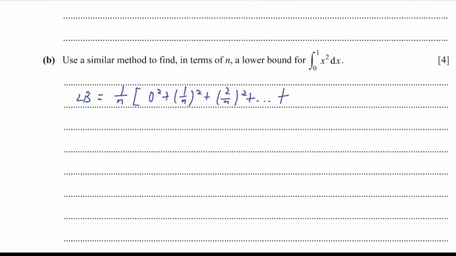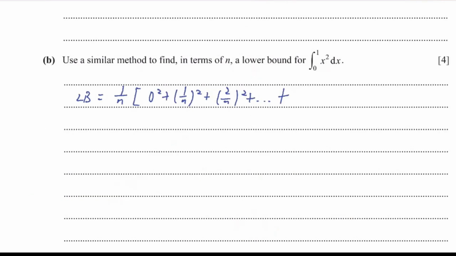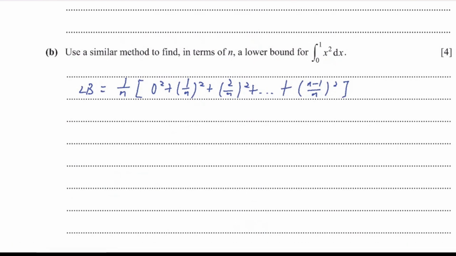And the last height is only at x equals n minus 1 over n, sorry. Okay, so that is the lower bound, which is the area of the rectangles where we have actually made the rectangles shorter.